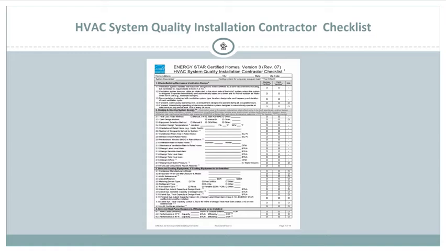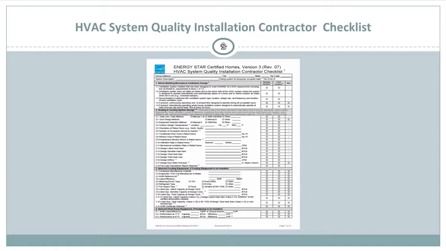One of the things you need to remember with the checklist is that it is required in order to get any kind of rating. It depends on who's going to rate the checklist and who's going to fill it out. The checklist can be filled out either by the contractor or by the builder.